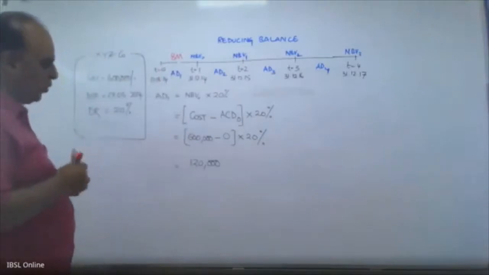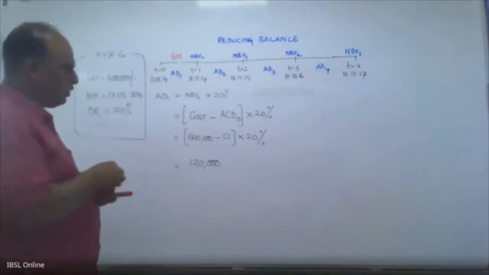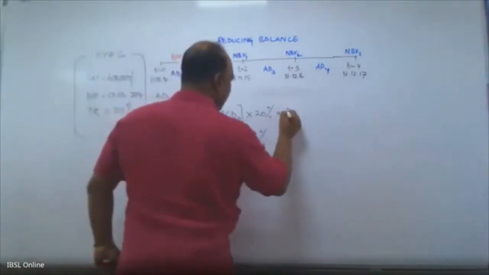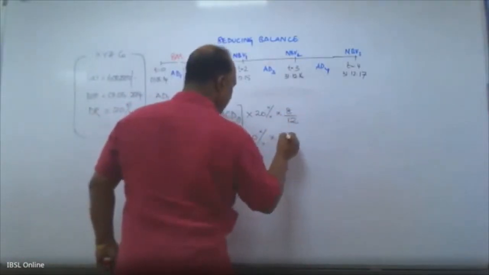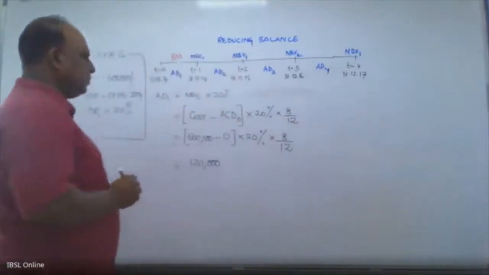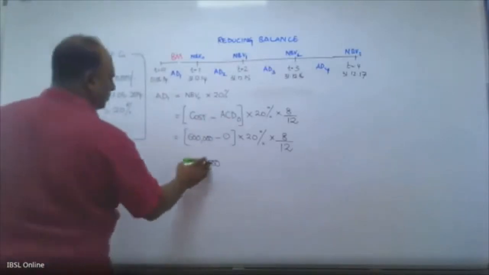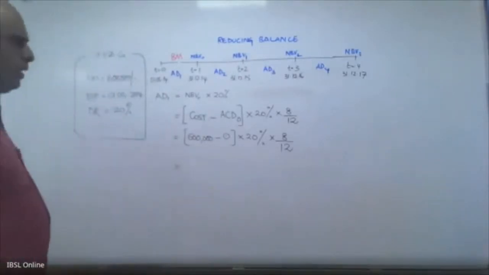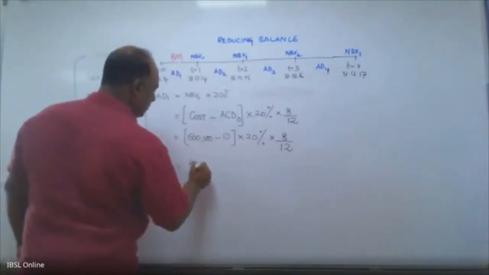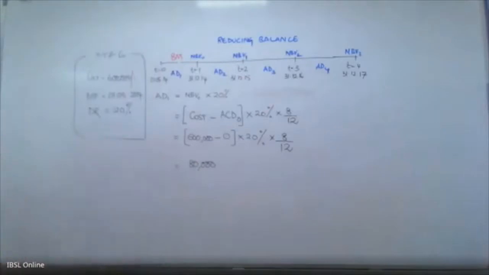So if I am to calculate the depreciation for the first period, I have to calculate it only for 8 months. Okay. So now what is the answer? It will be 80,000. Is that clear? This is very important.